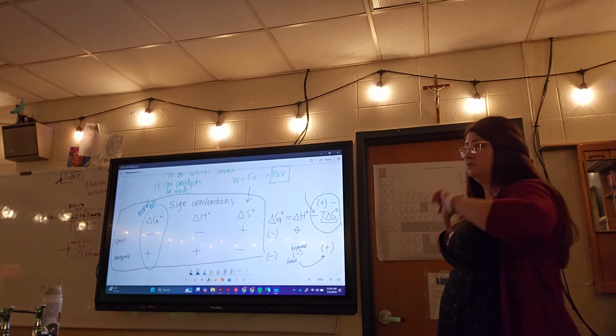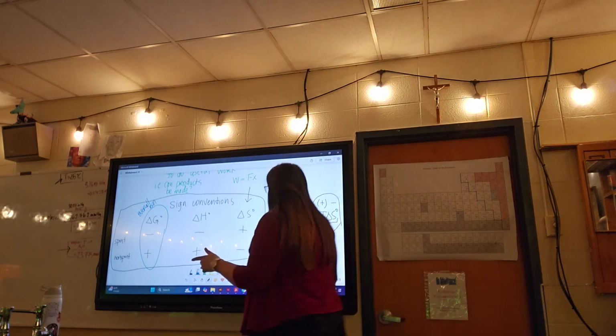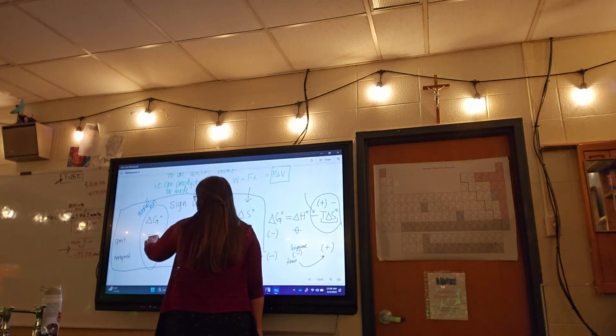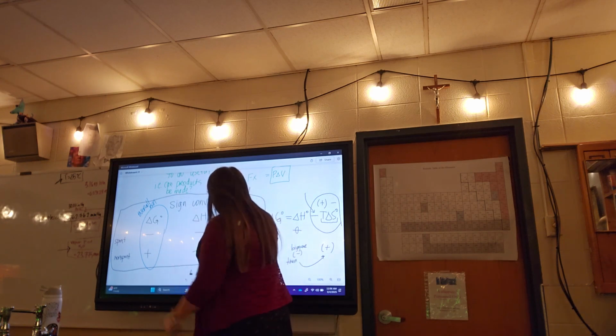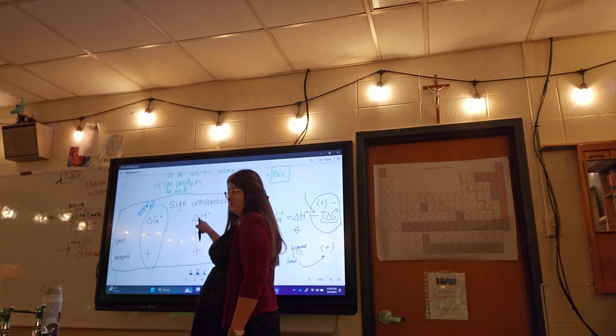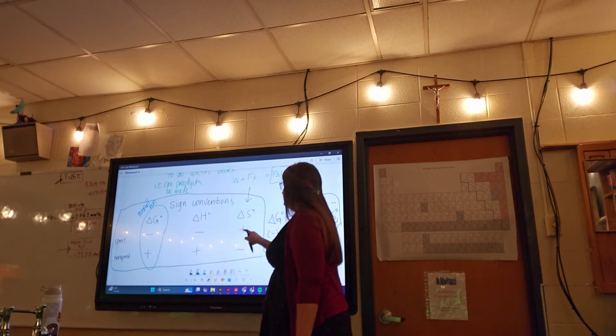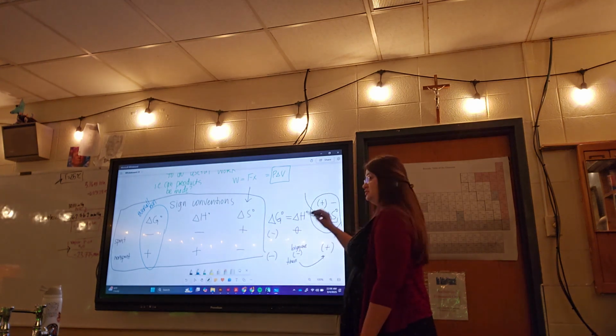If delta G is positive, no. But in order for this number to be negative, other things can be true. So you can have a reaction that is non-spontaneous with respect to enthalpy, as long as it is spontaneous with respect to entropy in a way that will outdo it.